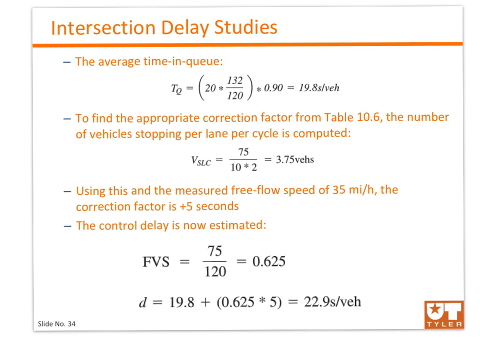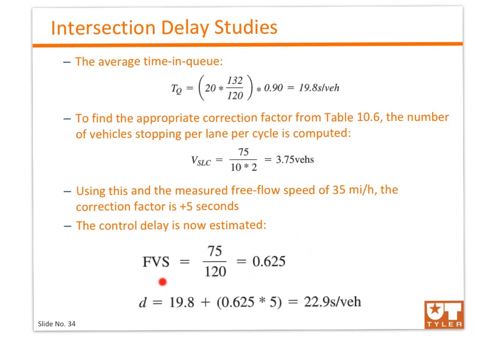As you recall, FVS is the ratio between V stop, which is 75 vehicles, over VT, total vehicles arriving at the intersection, which is 120. So FVS, the fraction of the vehicles stopping, is 0.625.